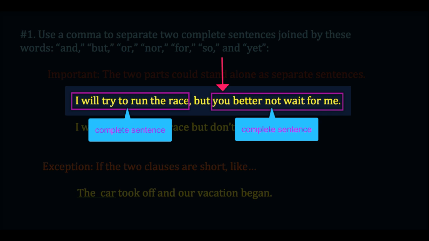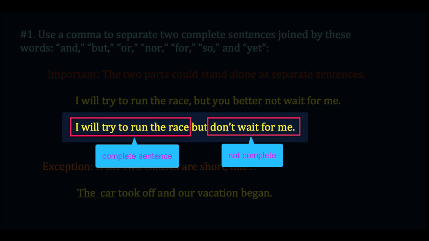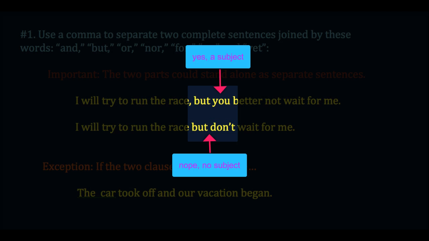So we want a comma before the word but, as opposed to "I will try to run the race but don't wait for me." There's no subject after the word but, so it's not complete. And really, it comes down to that. If there is a subject after a word like and or but, then you want the comma before.